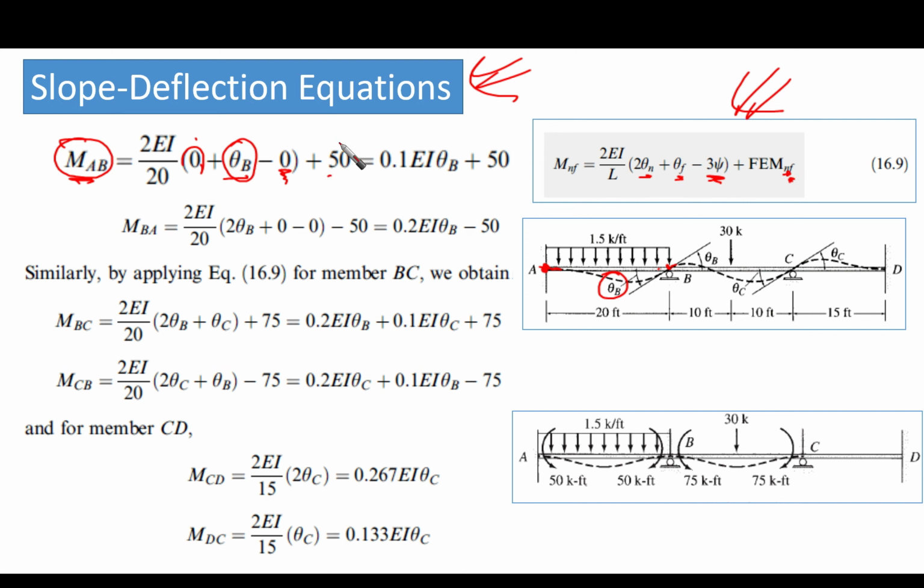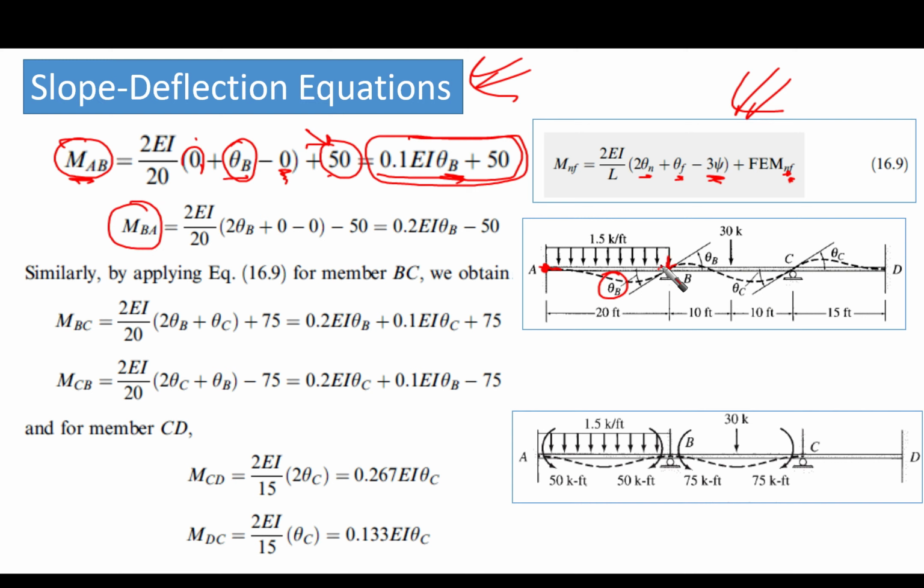We already obtained it from the previous slide, which is 50. Apply this and you are going to find that there is one unknown in this equation, which is theta B, right?